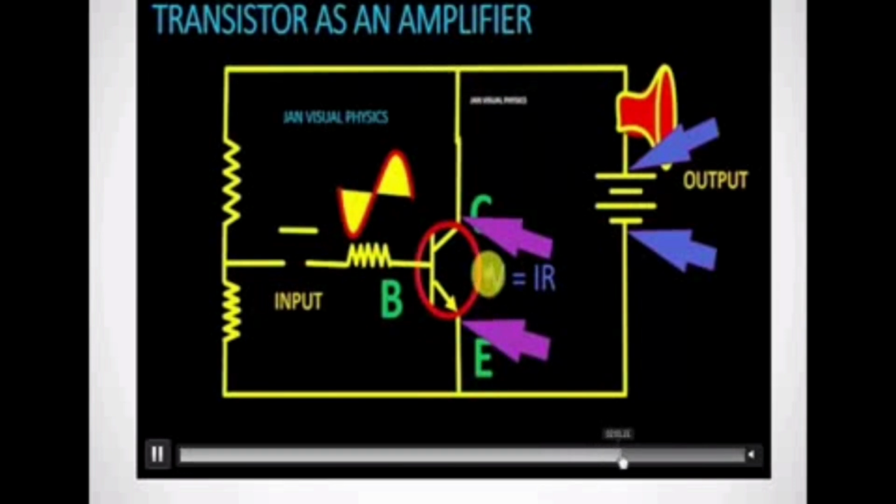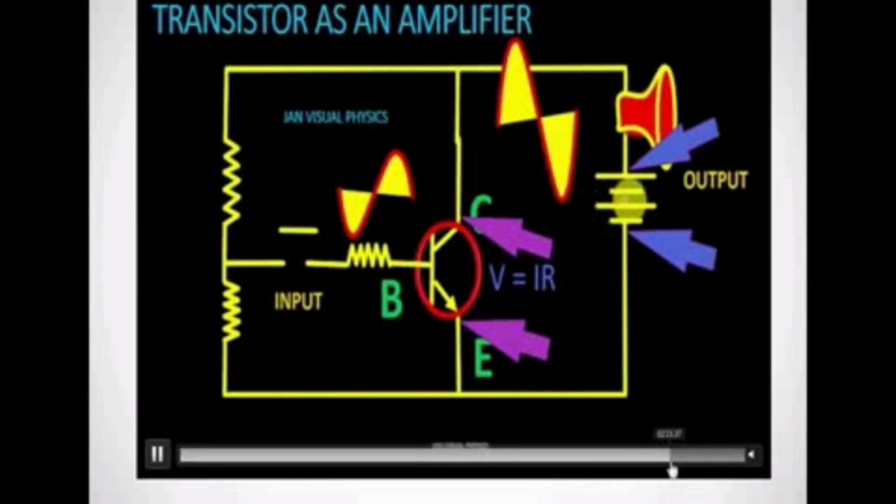The amplified signal is going to the collector. So this is the output. Say this is the input signal and this is the output signal. The input signal is very small, but the output signal is very large, so the signal is amplified. You can see that the phase here is 180 degrees out of phase. The first is negative but this is positive.